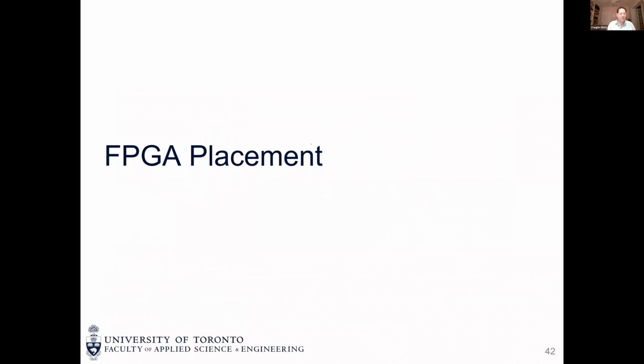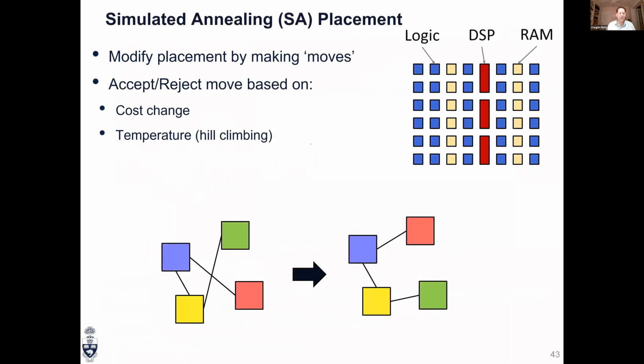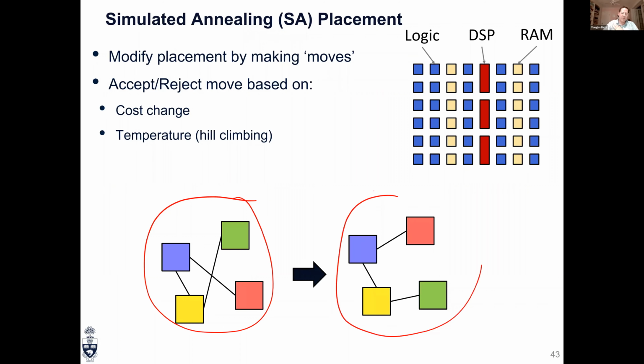Okay, so it's intriguing, and we've been working on it within the placement engine of VPR. So as I mentioned, that's a simulated annealing placement engine. So it modifies placement by making moves, and then it accepts or rejects the move based on the cost change. Okay, so if you perturb from what we have on the left, you rearrange these blocks and you get what we have on the right, and the estimators of wiring and timing say that it's a net gain.